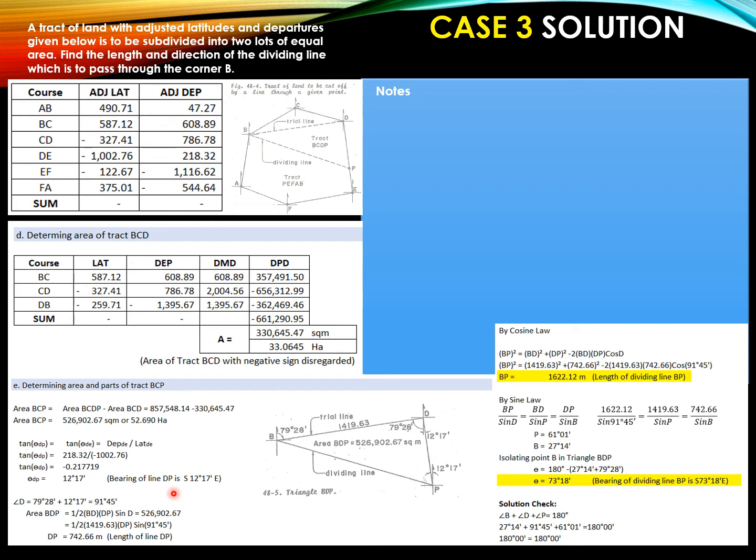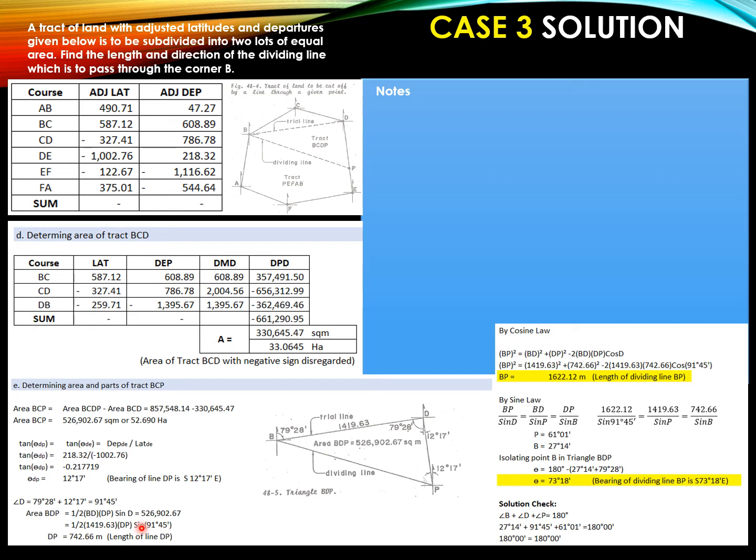Then, we get angle D, which I got by adding 79 plus the bearing we obtained for this line. Okay? And then DP will be equal to 742.66. I used the area computation 1/2 BH, so that became our solution here, BD and DP. It is 1/2 AB sin theta.